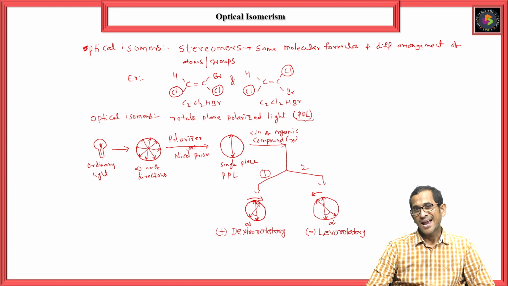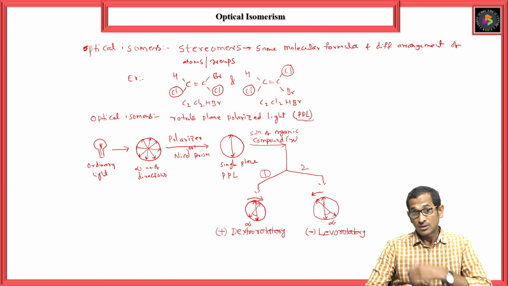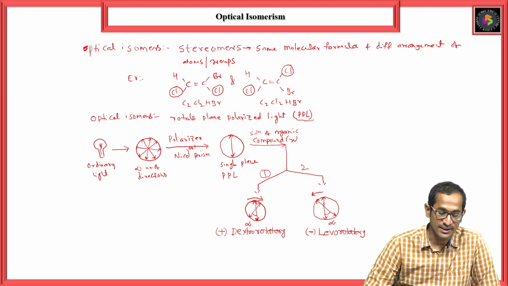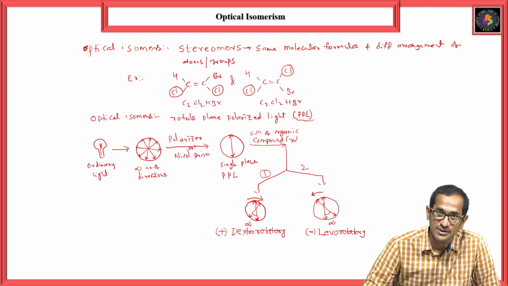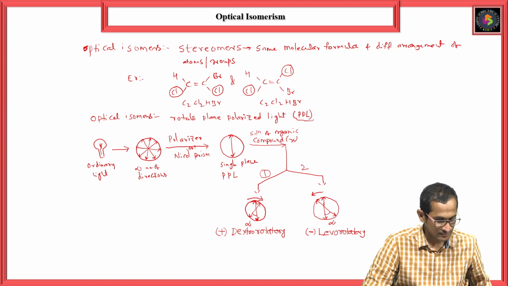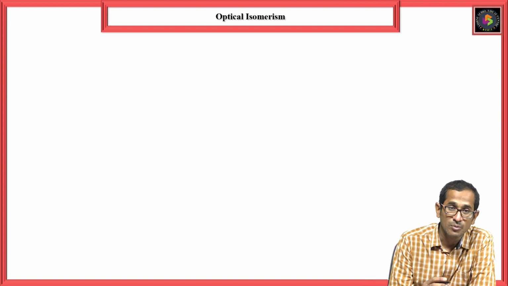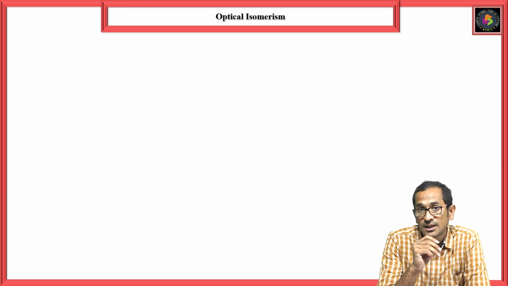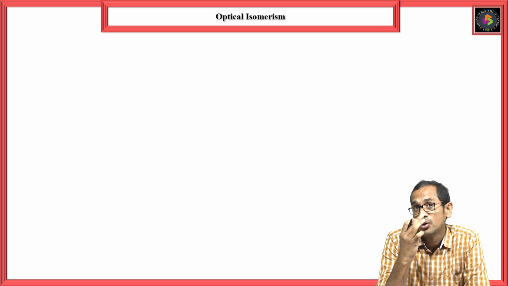An optically active compound with two isomeric forms, opposite in rotation, are called the optical isomers, and the phenomenon is called optical isomerism. Next, one more possibility is also there. One of the isomers is dextrorotatory and one is levorotatory.